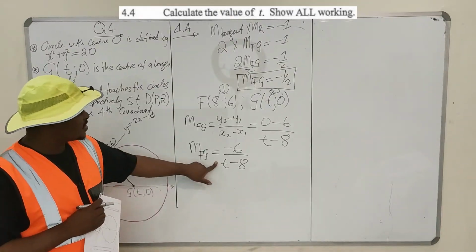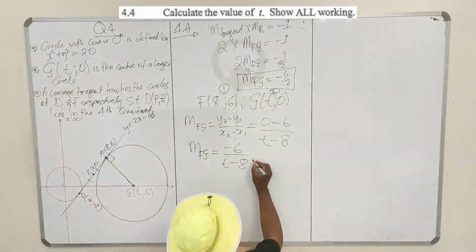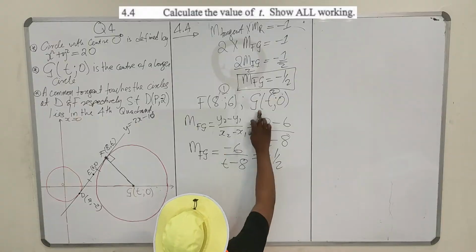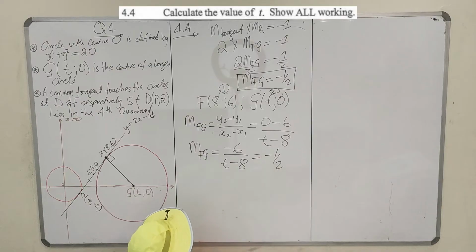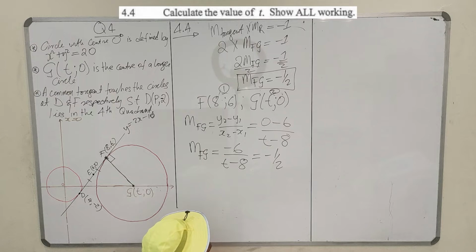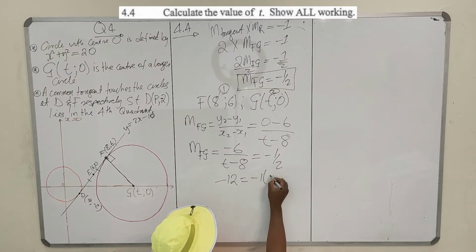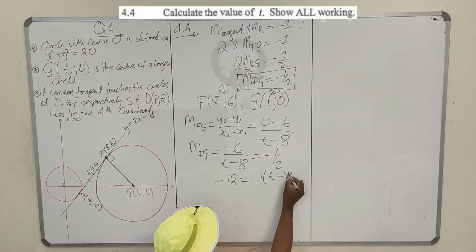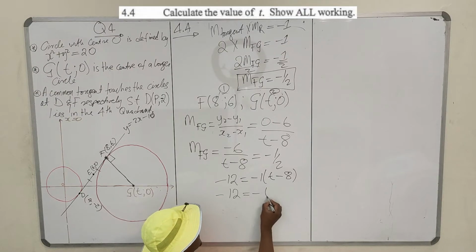But you know the gradient of fg is equal to minus half. So minus 6 over t minus 8 is equal to minus half. From this you can solve for your value of t. So you cross multiply: minus 12 is equal to minus 1 times t minus 8. So minus 12 is equal to minus t plus 8.